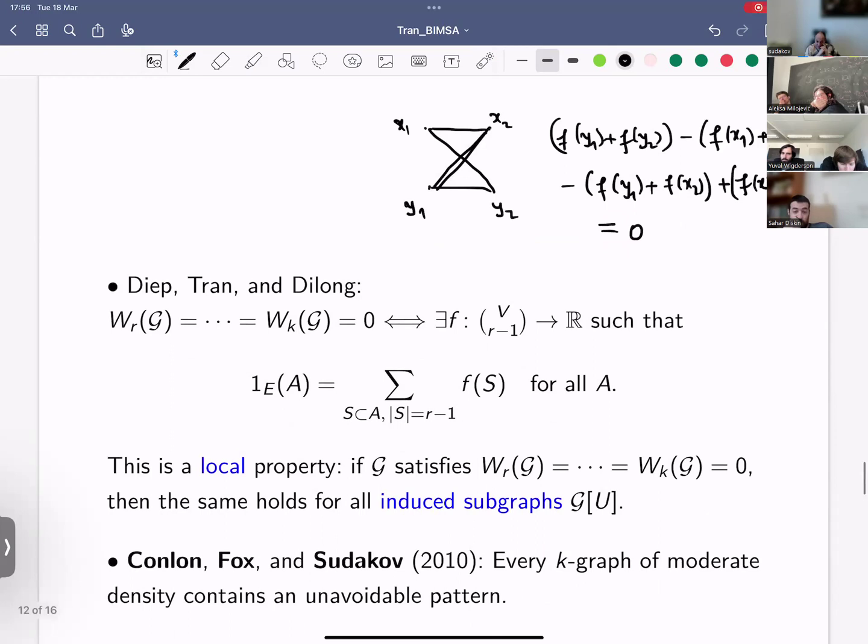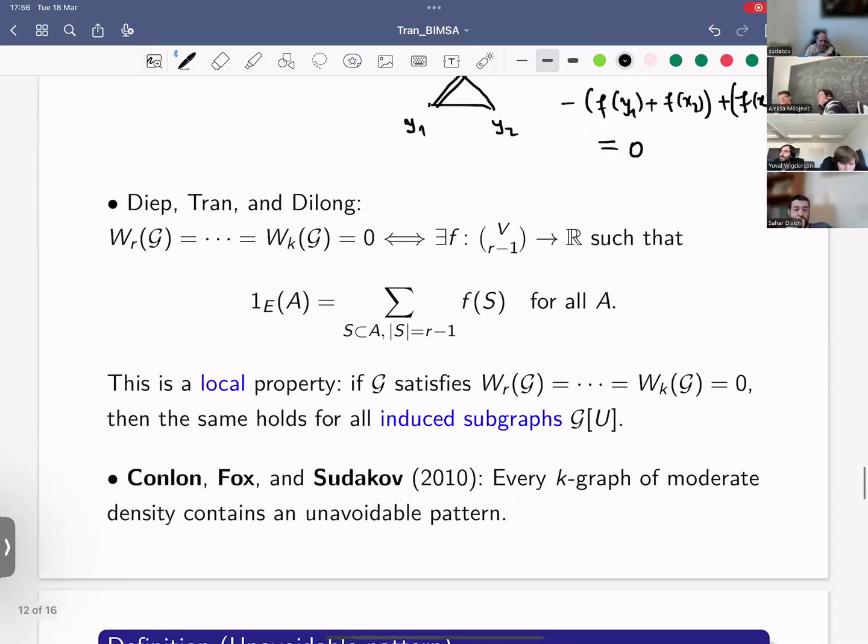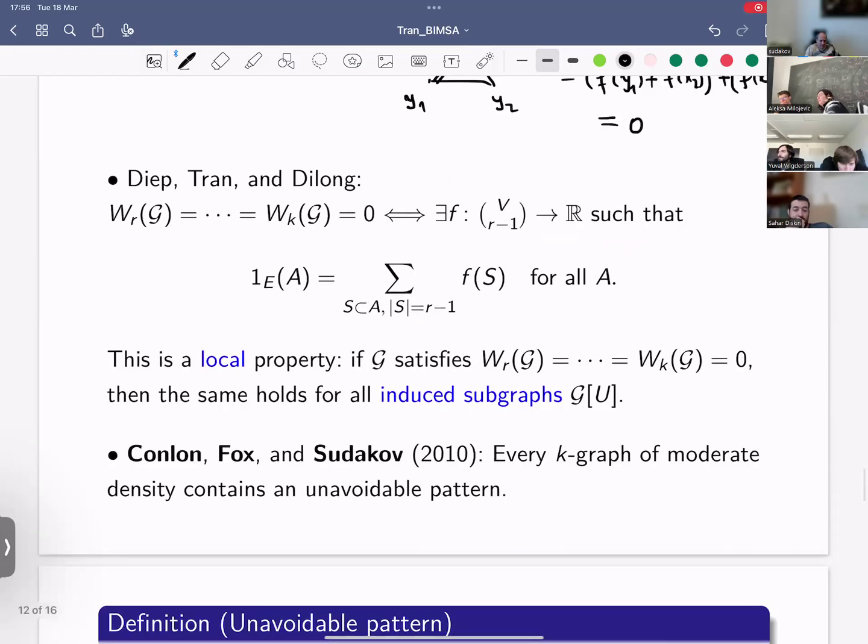And we prove that this is the only possibility. So this is the higher inclusion matrix. So it is some linear algebra. And more importantly, these conditions, this is a local property.